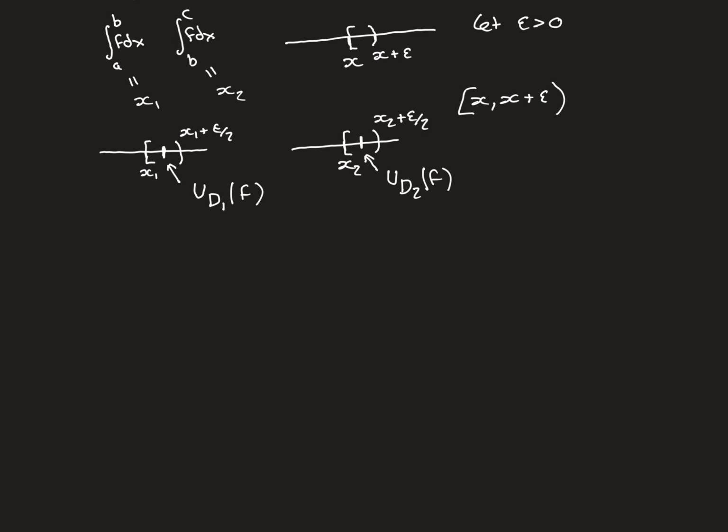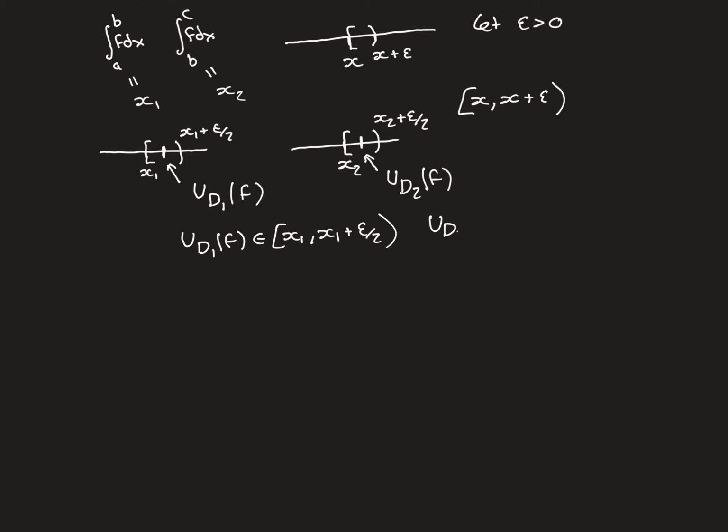So, just to write down what we've got now, we know that this upper Riemann sum over D1 of F is inside that interval from x1 to x1 plus epsilon over 2, not including x1 plus epsilon over 2.